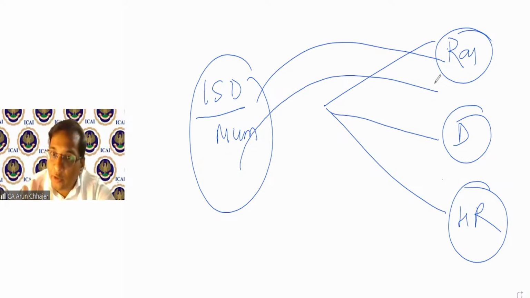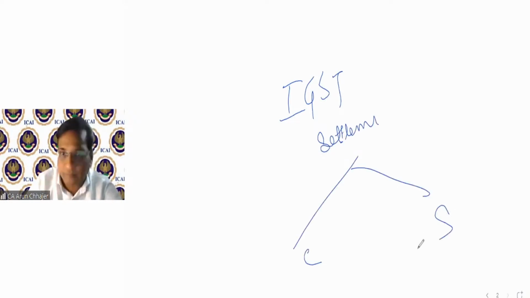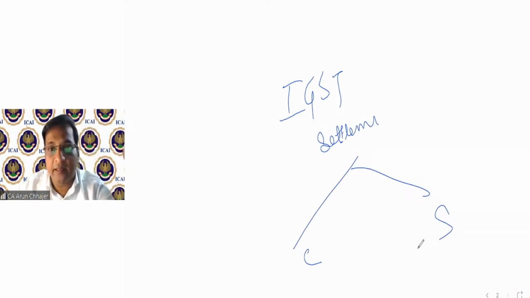Will the recipient be able to take ITC? The answer is no. There is a concept of IGST settlement between center and state. This is clear, no? Because if IGST is being collected, it will be distributed between center and state.